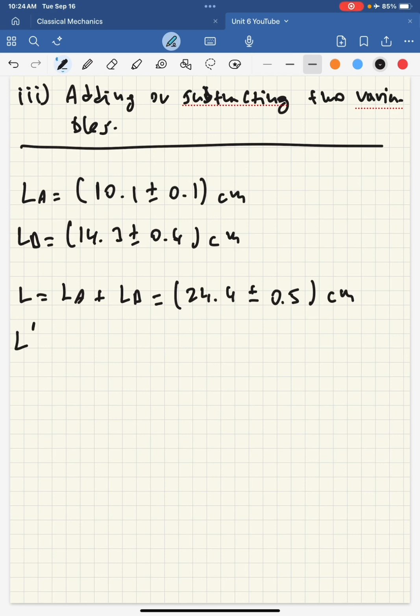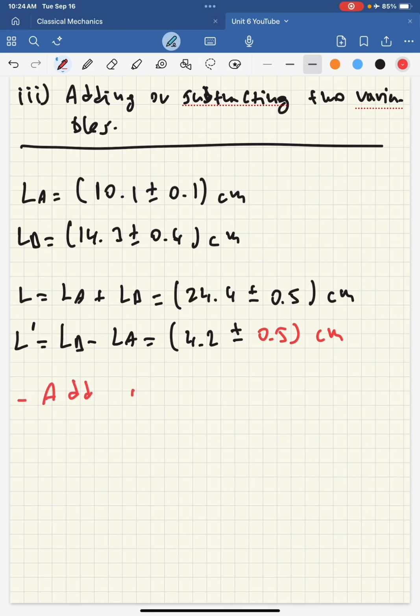Then let's say you want to find a second length, which is the subtraction LB minus LA. You subtract them and you find 4.2 plus or minus what? Again, you have to add the uncertainties, so 0.5 again. So the rule is when you add or subtract two variables that come with absolute uncertainties, you just add the absolute uncertainties.